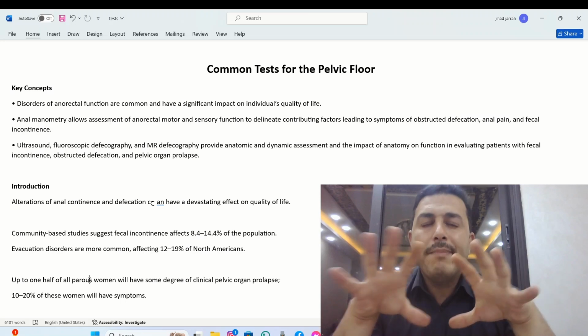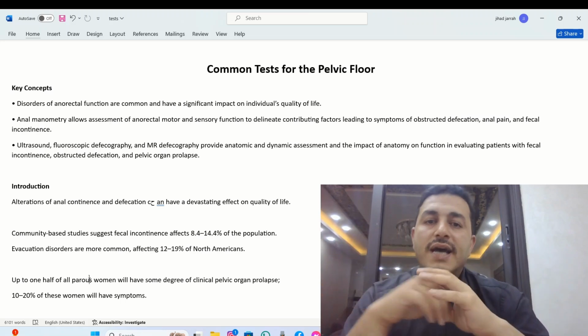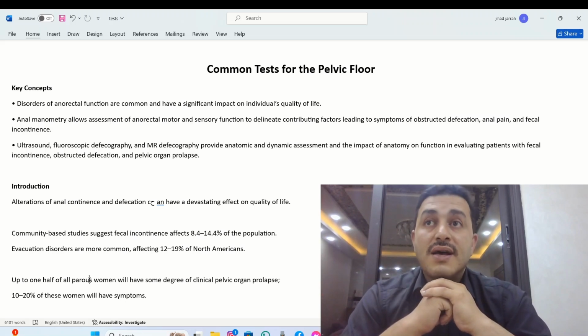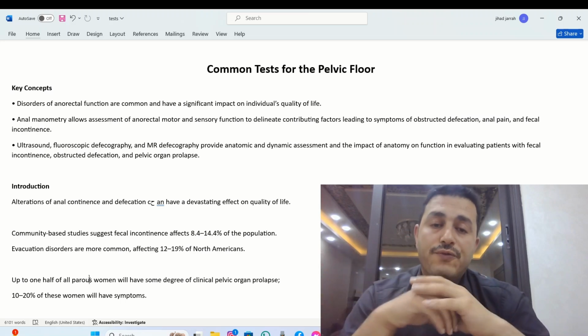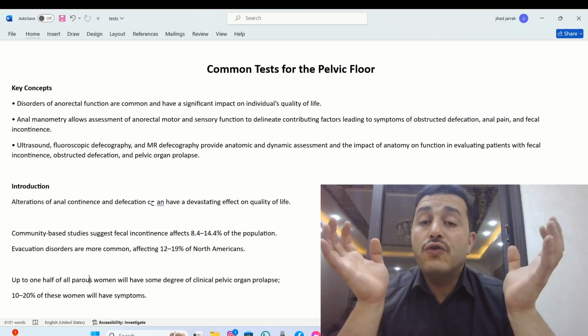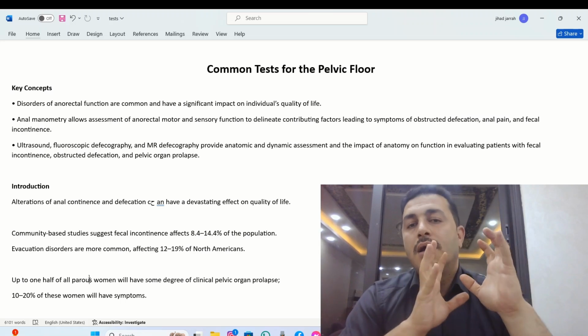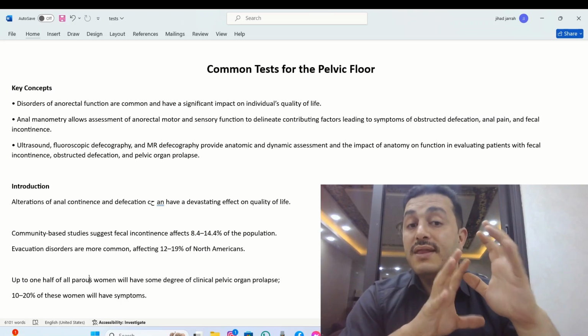We are going mainly in this lecture to highlight manometry, how to use it and how to evaluate the results, and also defecography and the different types of defecography. Of course, not only the anus and rectum are present in the pelvis.